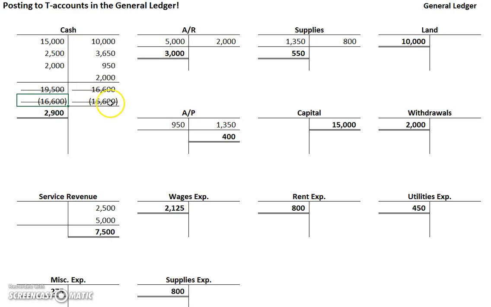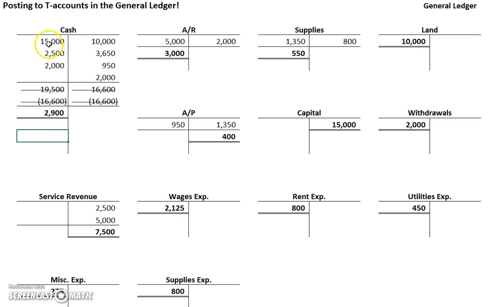So in this case, we're going to minus $16,600 from both sides. Obviously, we now have a zero over here on the credit side. And when you do this summation here, $19,500 of debits minus $16,600 of credits equals $2,900 positive. The reason I've shown these as being crossed out is because we don't show that level of detail.